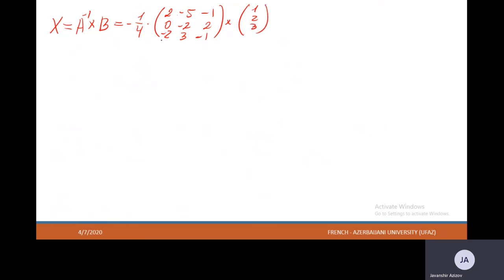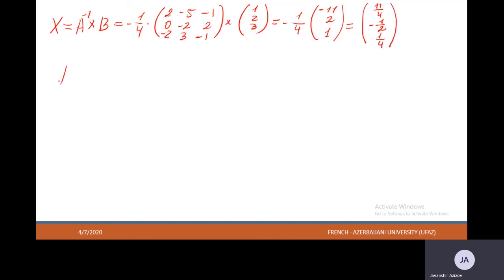If we calculate this part, it will be minus 1 over 4 times the matrix of minus 11, 2, 1, which is equal to the matrix of 11 over 4, minus 1 over 2 and 1 over 4.